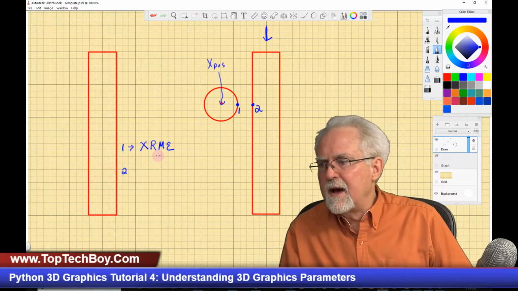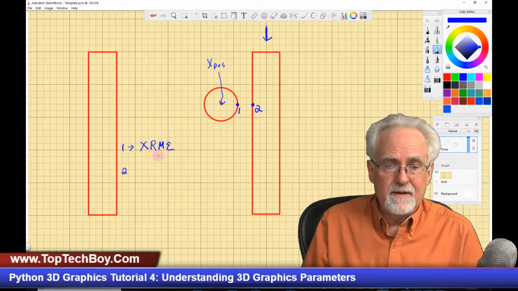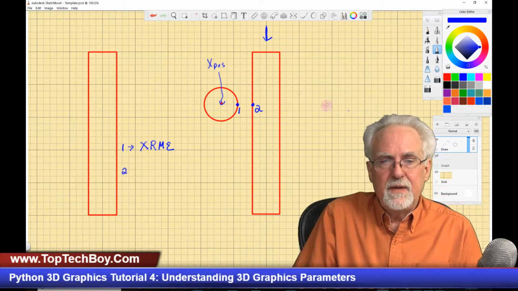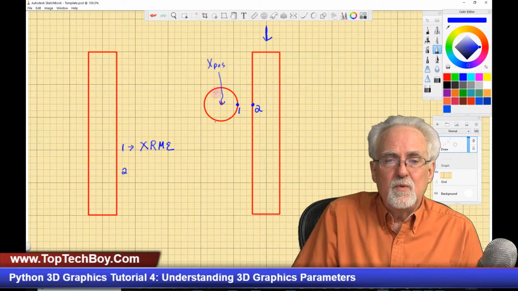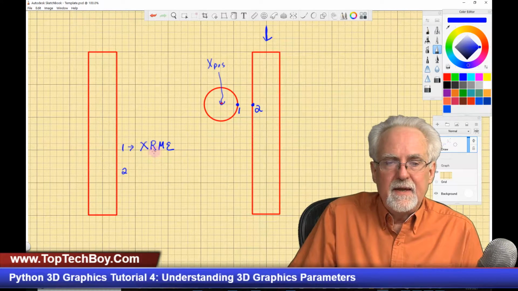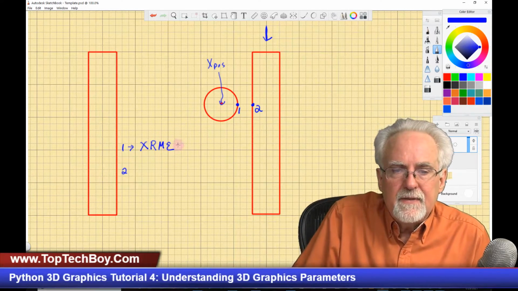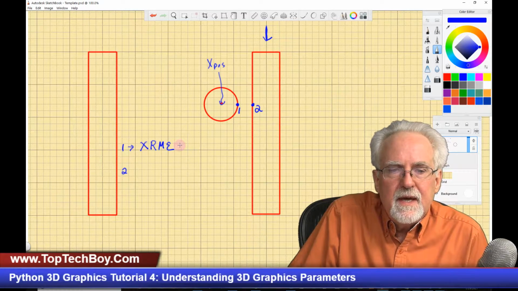And I don't want to write out X right marble edge, so in the X direction it is the right side marble edge. Well, because we might do Y later, and then we might also have X left marble edge, and then we might do something else. So I think that makes sense. So what is the X right marble edge?